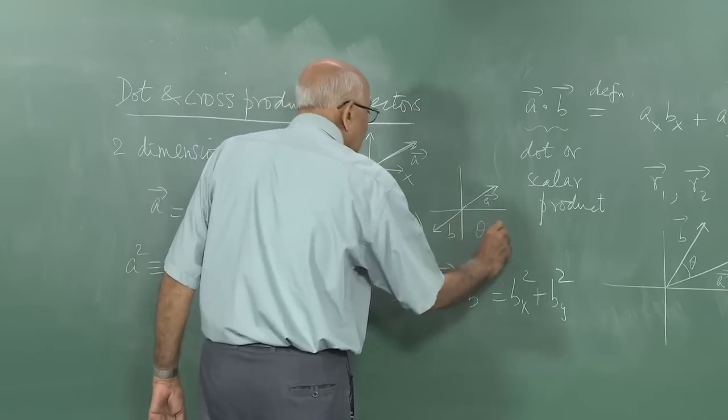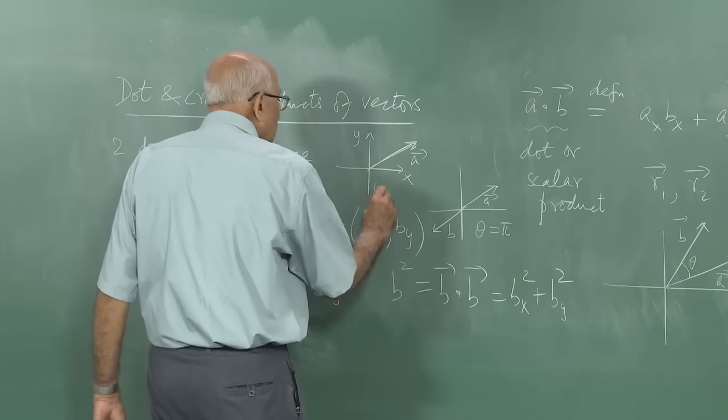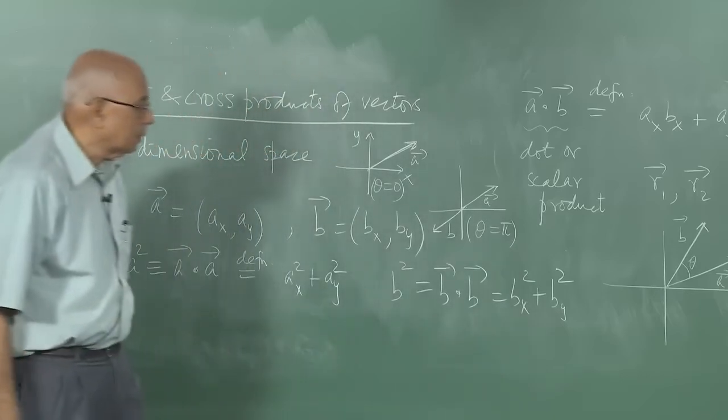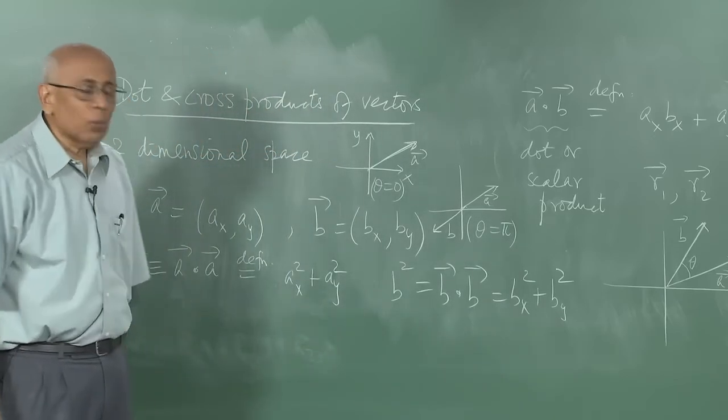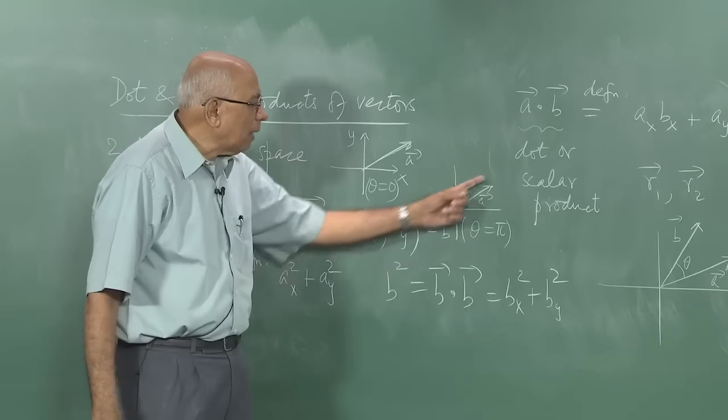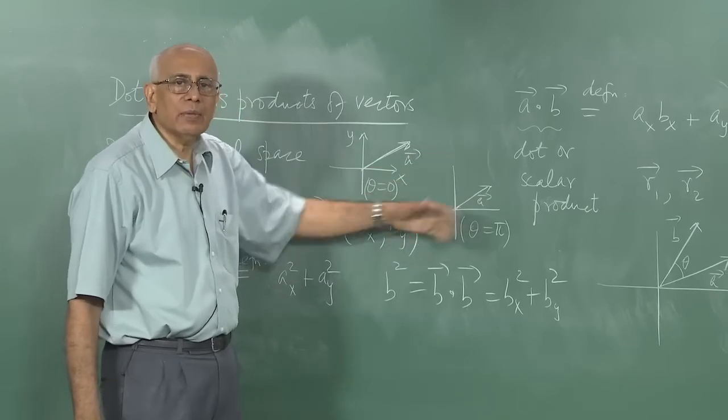This would correspond to theta equal to pi, and this would correspond to theta equal to 0. So what does that mean? That implies that B is either parallel or anti-parallel to the vector A.